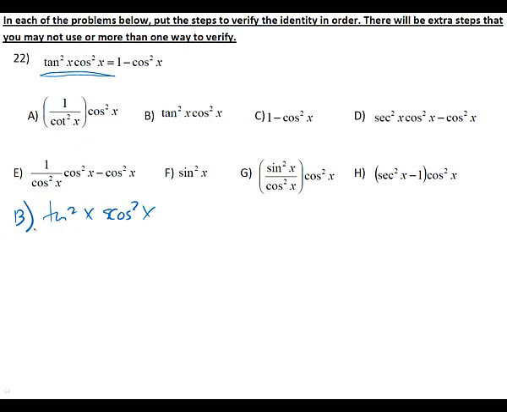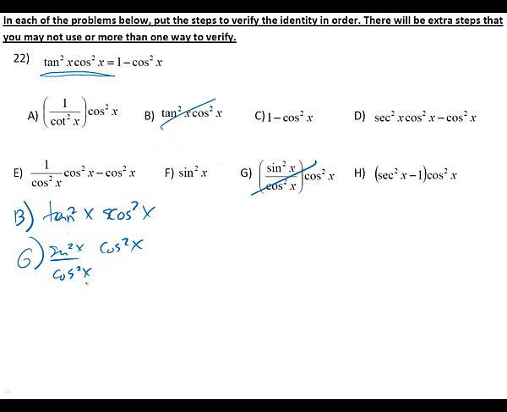B. So I would start with B. And then what am I going to put? I'm going to change the tangent into sines and cosines. So what would I write for that? Sine x over cosine squared x, and then still times cosine squared x. So what letter choice is that? That's G. All right, so I've gotten rid of B and I've gotten rid of G.